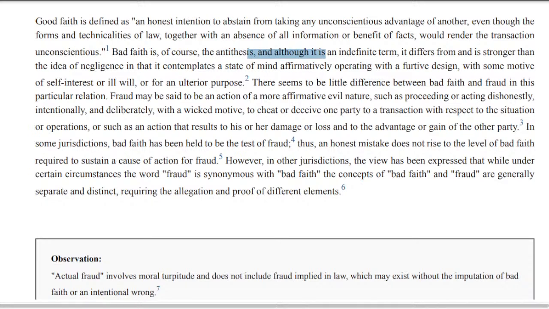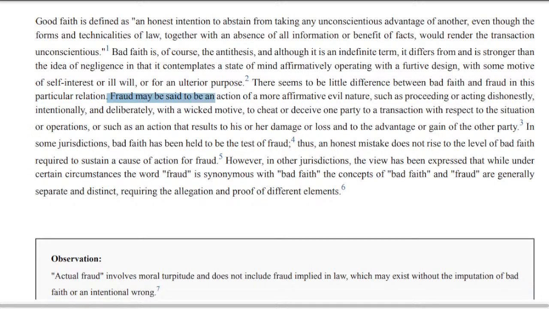And although it is an indefinite term, it differs from and is stronger than the idea of negligence, in that it contemplates a state of mind affirmatively operating with a furtive design, with some motive of self-interest or ill will, or for an ulterior purpose. There seems to be little difference between bad faith and fraud in this particular relation.